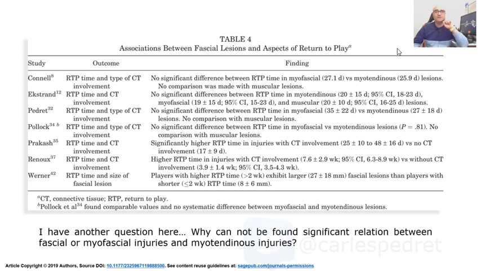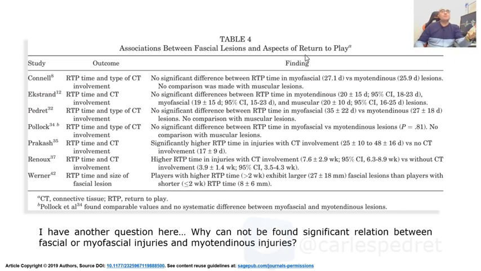Here you can see there is one study, and I can say, according to this study, that of course the type of central tendon involvement has a lot to do with the return to play time. First of all, look that all the studies say that the more connective tissue affected, the longer the return to play time, so the worse the prognosis.